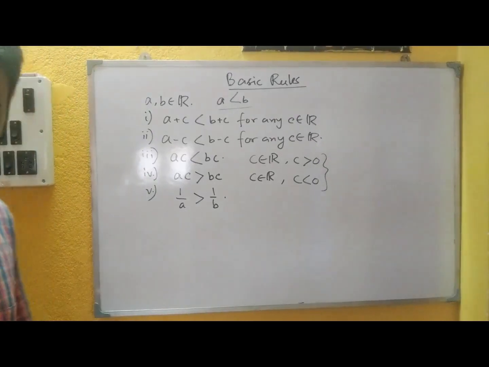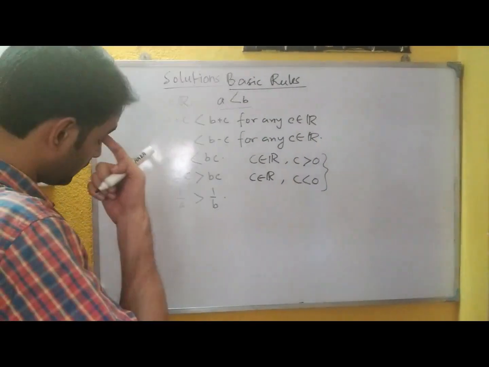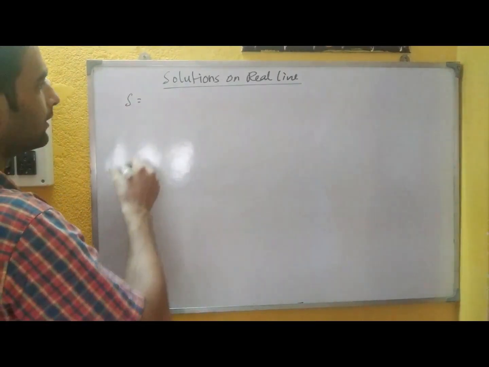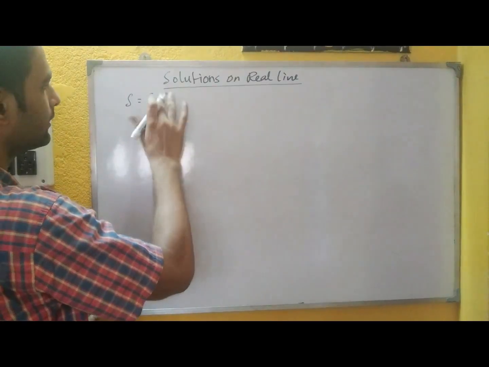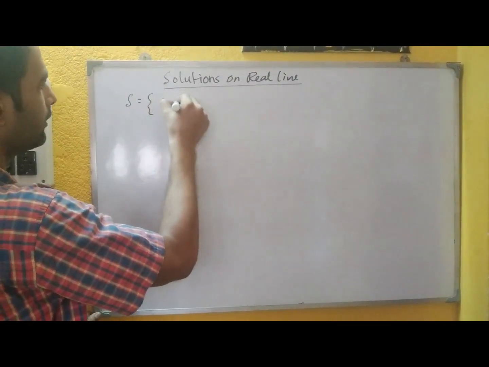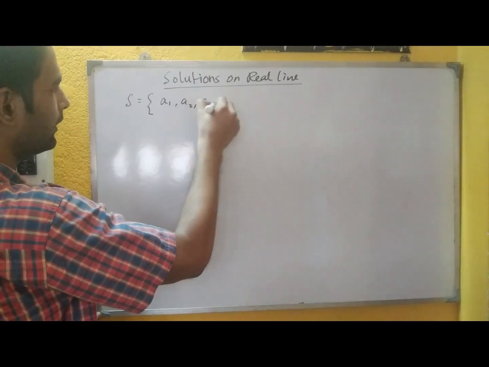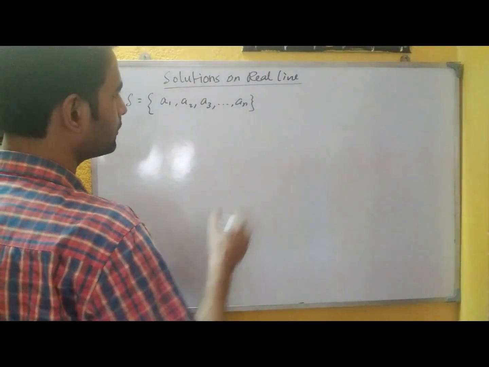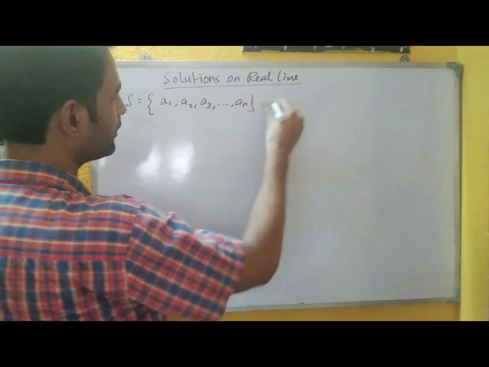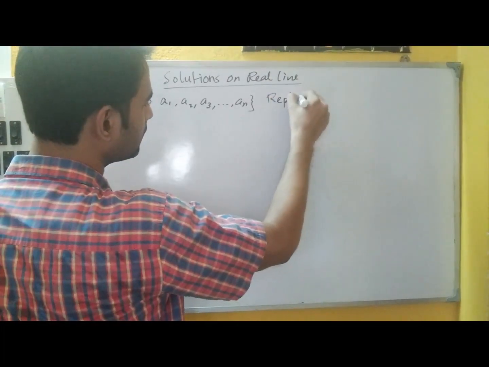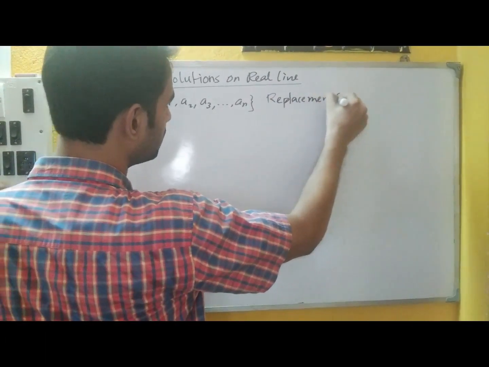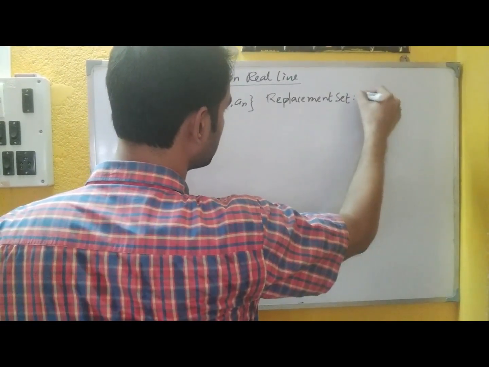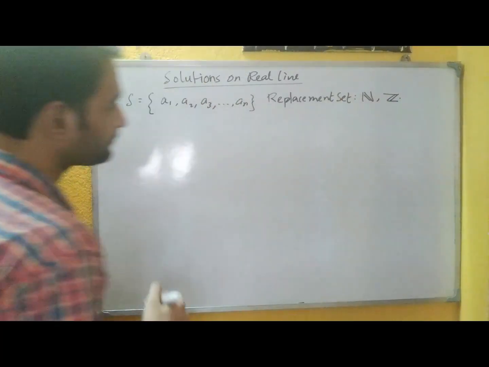Next we come to the solutions on the real line. Suppose the solution set is in roster form, like A1, A2, A3 and so on up to AN. Usually this will occur when your replacement set is either the natural numbers or the set of integers.